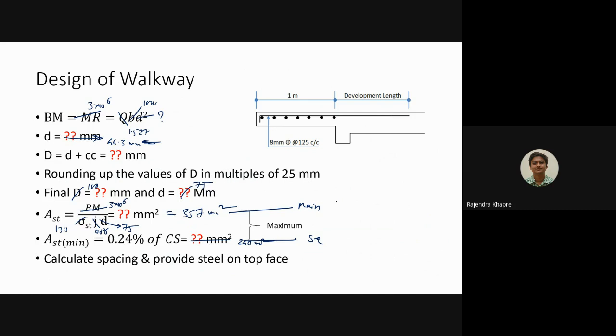So if we provide 8 dia at 125 center to center, this is 402 millimeter square. And how much we require? 357. So yes, we can extend the same bars. There is no point in changing. And as far as secondary steel is concerned, we can provide the same secondary steel. Hardly a 1 meter span. So if you want, you can do the calculation for this 240 mm square.